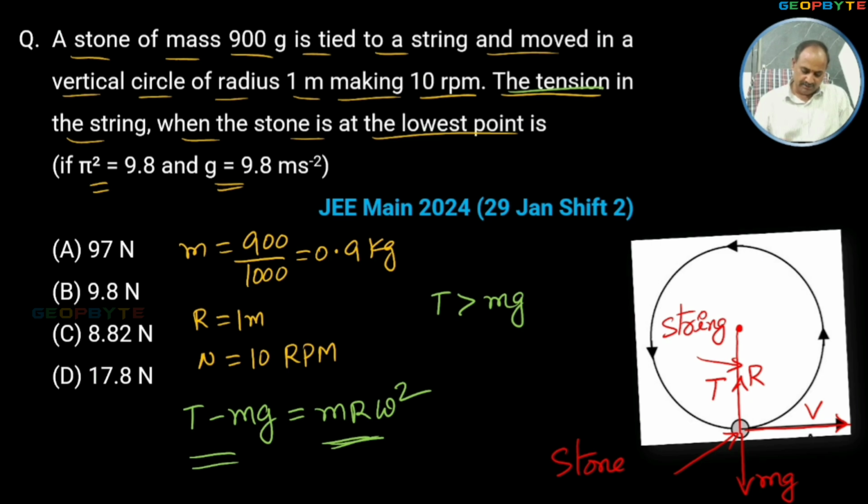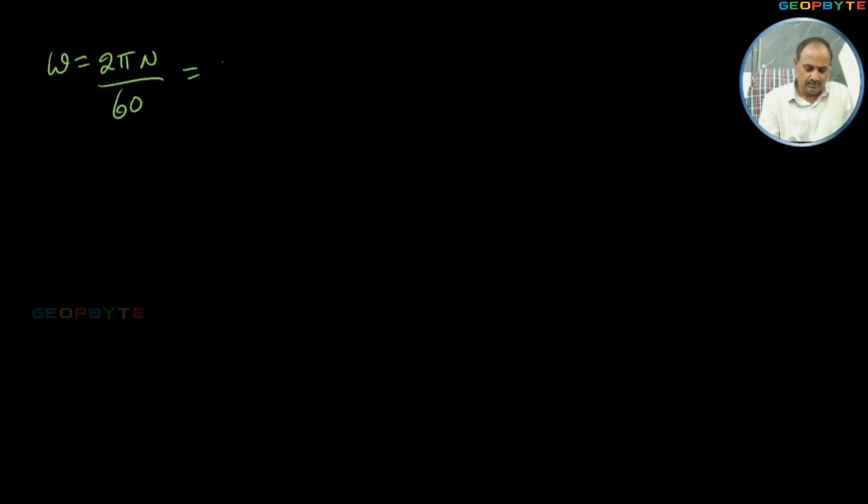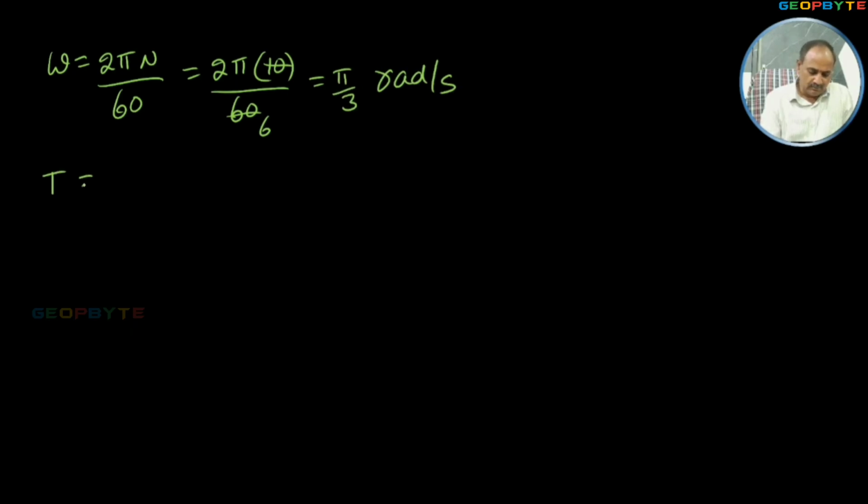Then T equals mg plus m r omega square. For that, we need to decide the omega. Omega equals 2 pi n by 60. It is equal to 2 into pi into 10 divided by 60, which is pi by 3 radians per second.